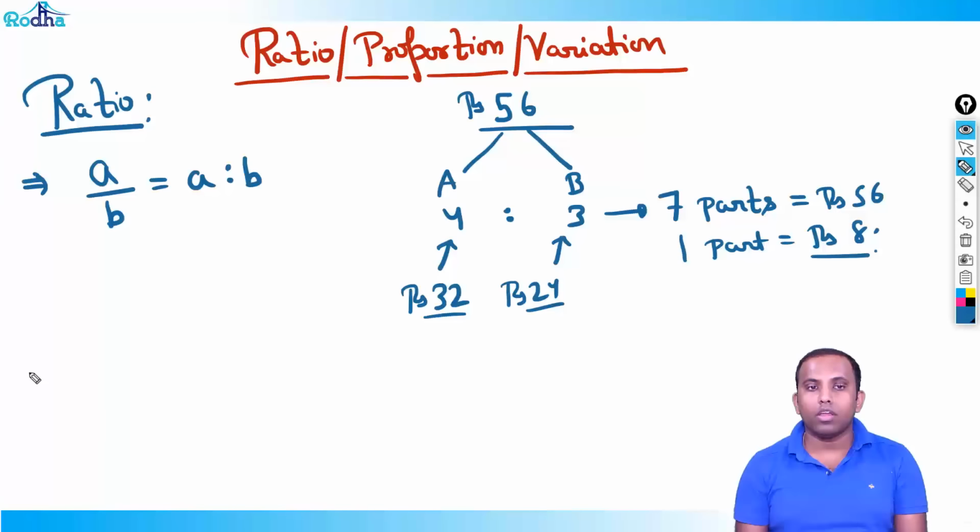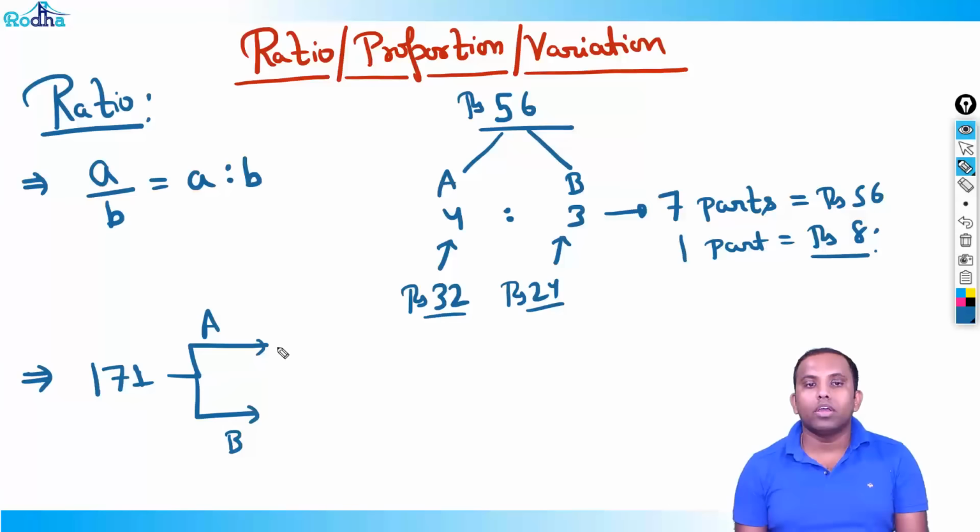Now, similarly, suppose I take some other number; let's do it quickly. Let's say this 171, I'm distributing it between two persons A and B in the ratio 11 is to 8, such that A is getting 11 parts and B is getting 8 parts.